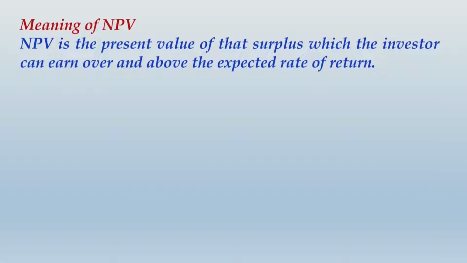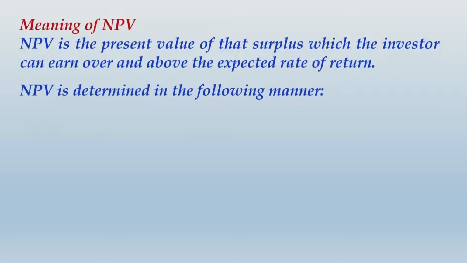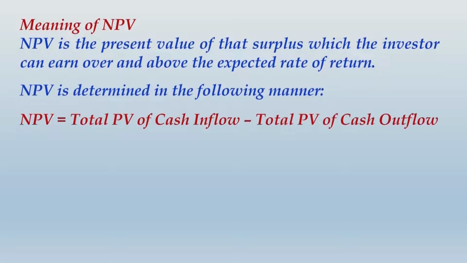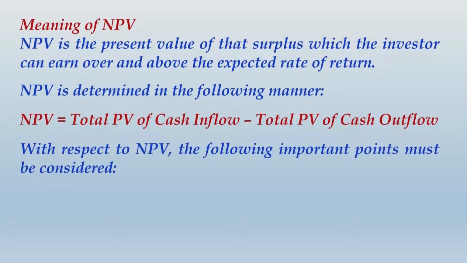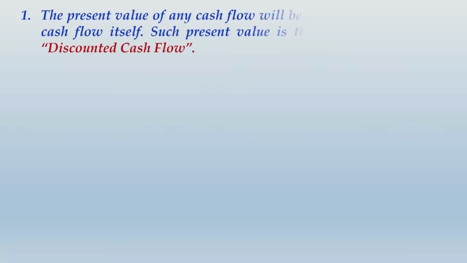NPV is the present value of that surplus which the investor can earn over and above the expected rate of return. NPV is determined in the following manner. NPV equals total PV of cash inflow minus total PV of cash outflow. With respect to NPV, the following important points must be considered. Let me take you ahead and give you those important points that you need to consider.